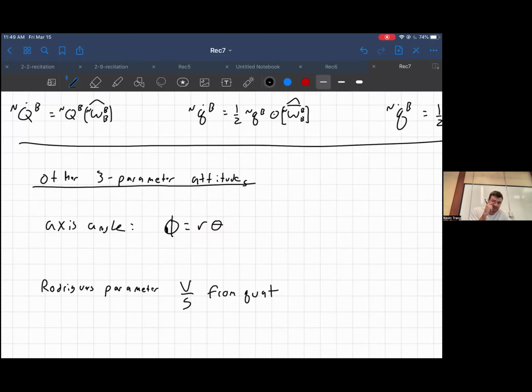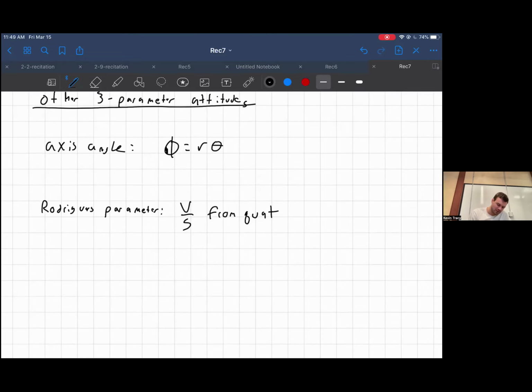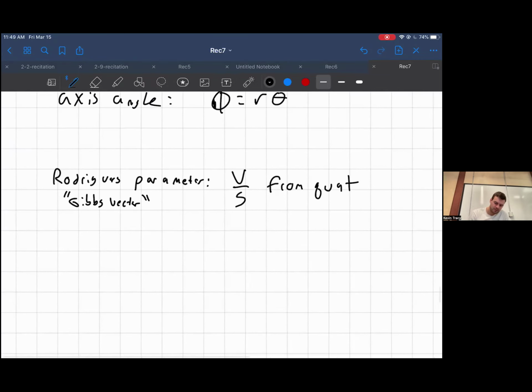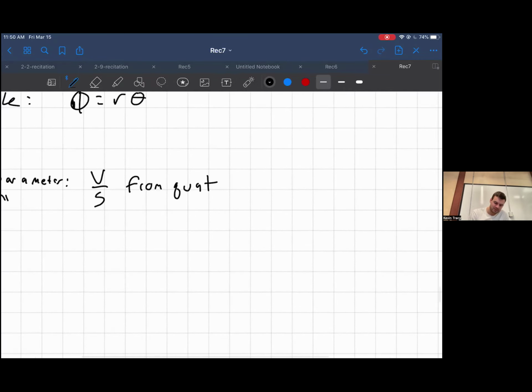If I just take my vector and divide it by a scalar, what I get is a nice R3 vector. This is also called a Gibbs vector.